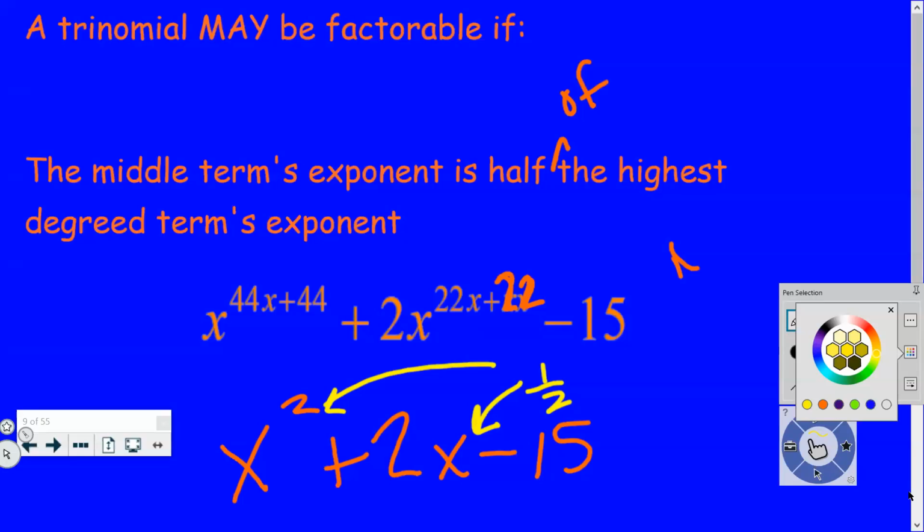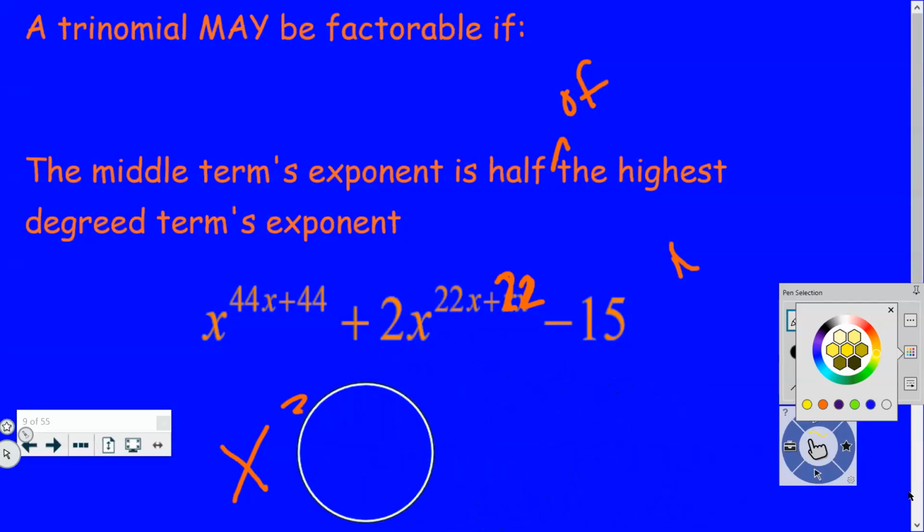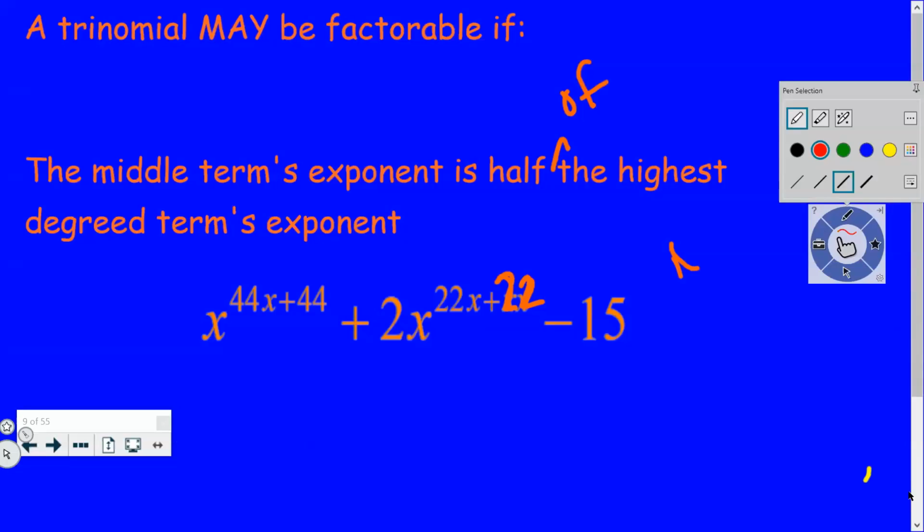Of course. So let's analyze what is given to us and see if it is indeed going to be factorable. What I'm going to do is factor the exponents. So this is going to be x. I'm going to factor a 44 out, and I get 44 times x plus 1.